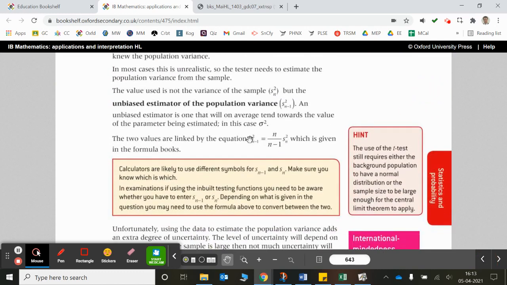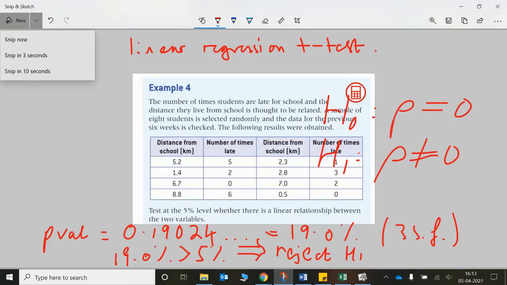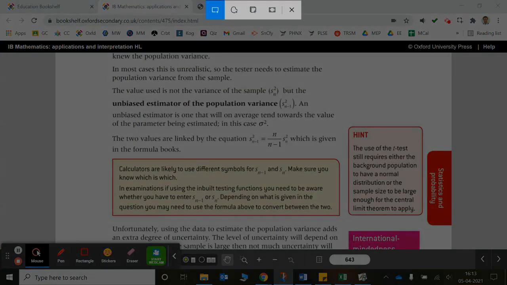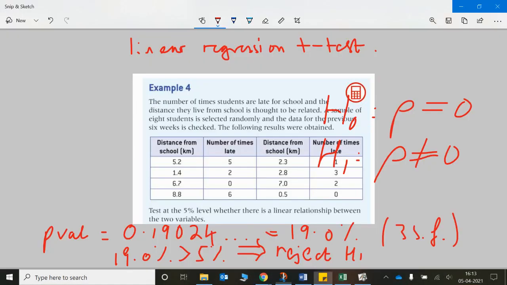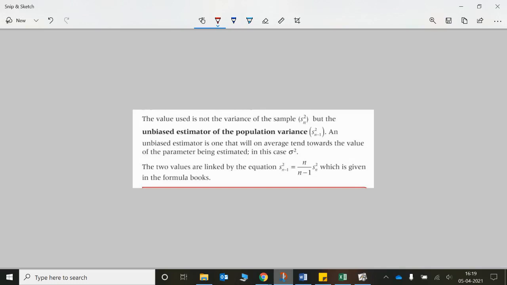The formula is here. Now, remember, we did this in chapter 13. Let's just copy and paste this one. Just take this. Now, remember, the variances are connected. And here we go. We've got this formula to show us this. So we've got Sn. So that's our sample standard deviation.